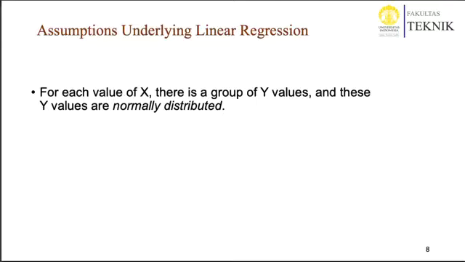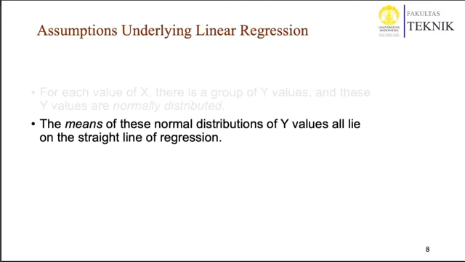So it's not only one y value, and these y values are normally distributed. Also, the means of this normal distribution of y values lie on the straight line of regression.